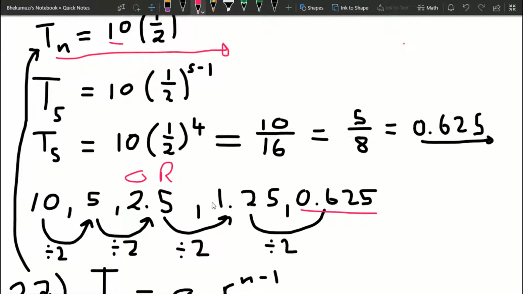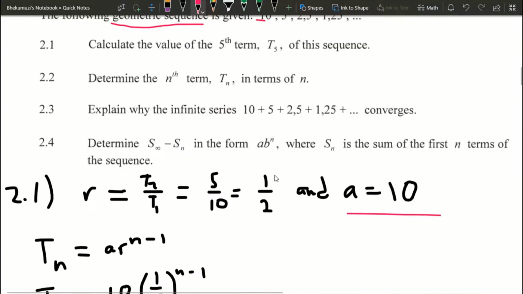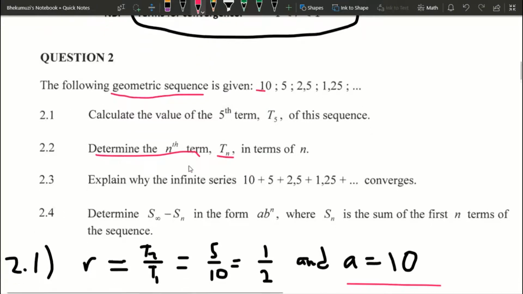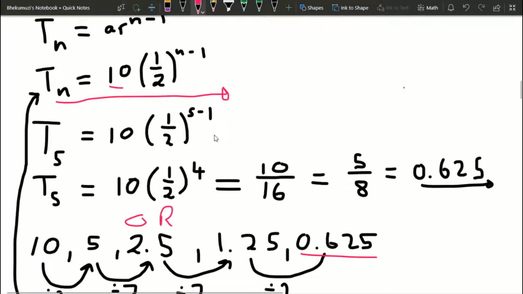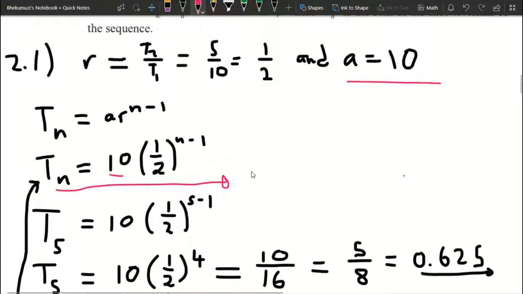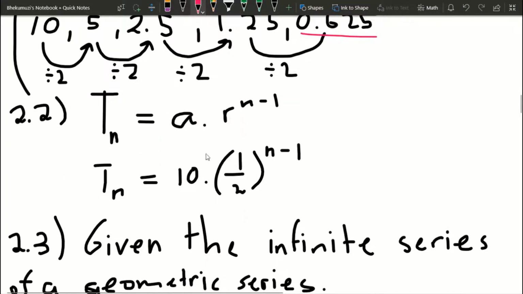So we go to the next question, and it says 2.2, determine the nth term, Tn, in terms of n. And we've already done this in 2.1 when we wanted to calculate the fifth term. We used the formula, and we had already gotten our a and r. So we just rewrite it: Tn is 10 times 1 over 2 to the power n minus 1. And that is our Tn, right?